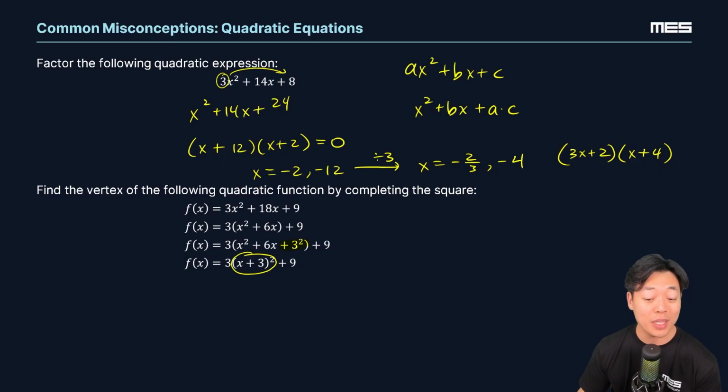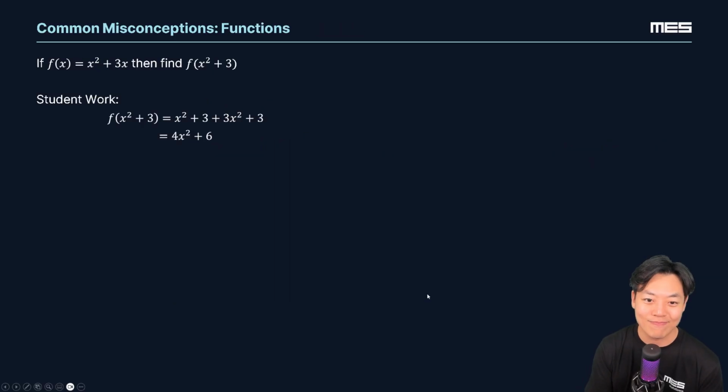We're adding a 9, but not just a 9, but times that 3. So from this step to this step, we're adding a 27. So in order to balance that out on this side of the equation, we have to subtract a 27 so that we maintain the balance of this equation. So f of x should actually equal here 3 times x plus 3 squared minus 18.